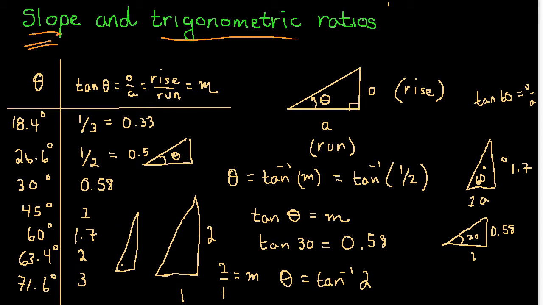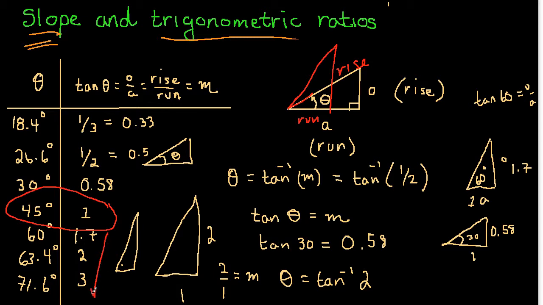Okay, so let's make some observations here. Basically, at 45 degrees the rise and the run are the same. Okay, if the rise becomes bigger than the run, then you would have a larger than 45 degrees. So now the rise is larger than the run.